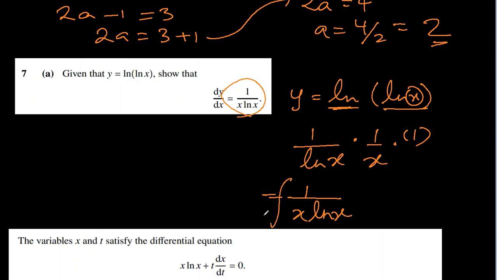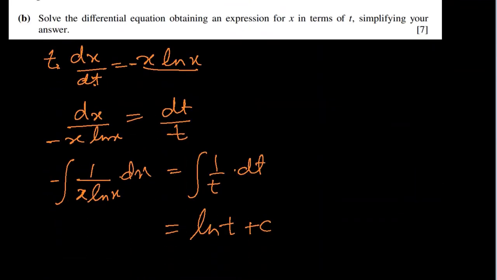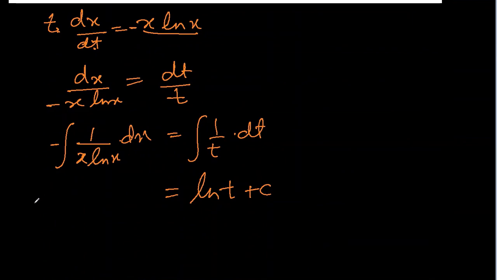That means the integration of this one would be this. And this fact we can use in our second part, B part of this one. So ln x will be the integration of this one. It will be minus ln x. So in one step we integrated with the help of A part.